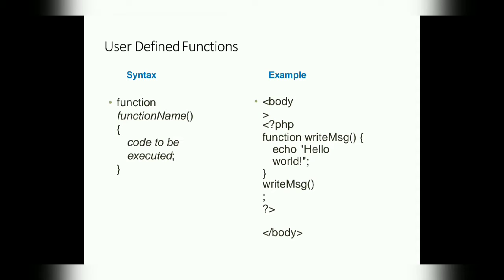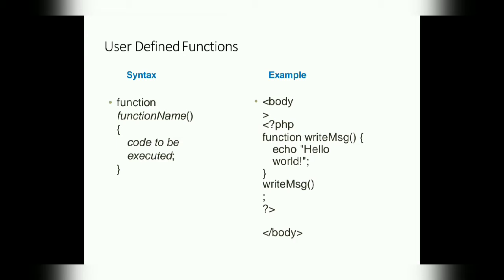So in a user defined function, the syntax is that you use the keyword function and the function name, with opening and closing braces. Then within the braces you provide the code that is to be executed. As an example, I have started the body tag and started the PHP script.